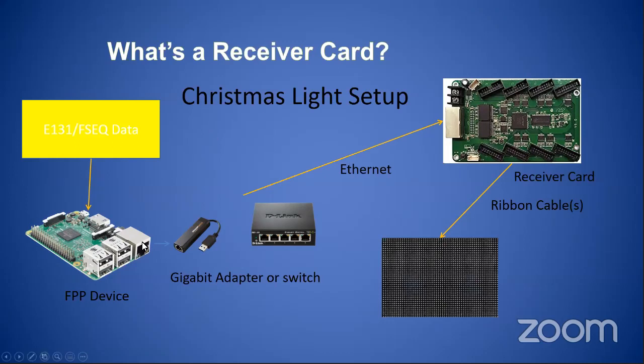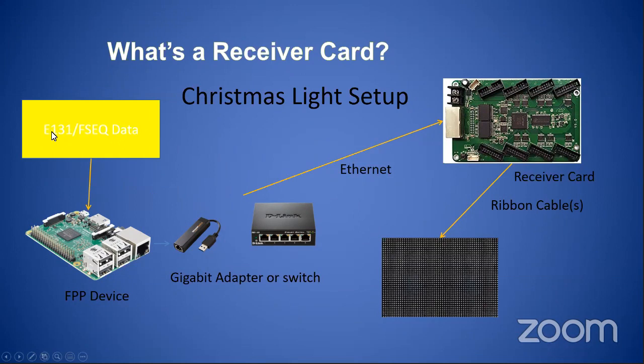You can also bypass getting this if you go from your output into a gigabit switch and then back out here. But in order to initially configure this receiver card, you have to have it directly connected to a computer with a gigabit connection. So you're going to need a gigabit connection somewhere in order to make this thing work.